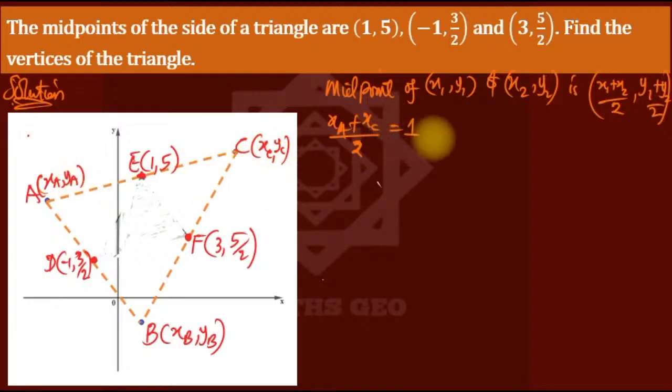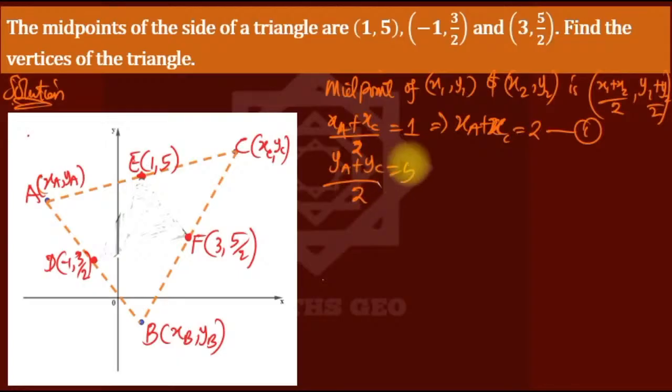So that implies that XA plus XC is equal to 2, let's call it equation 1. Again, for the y coordinate, YA plus YC over 2 is 5, which implies that YA plus YC is equal to 10, equation 2. So we are done with AC.